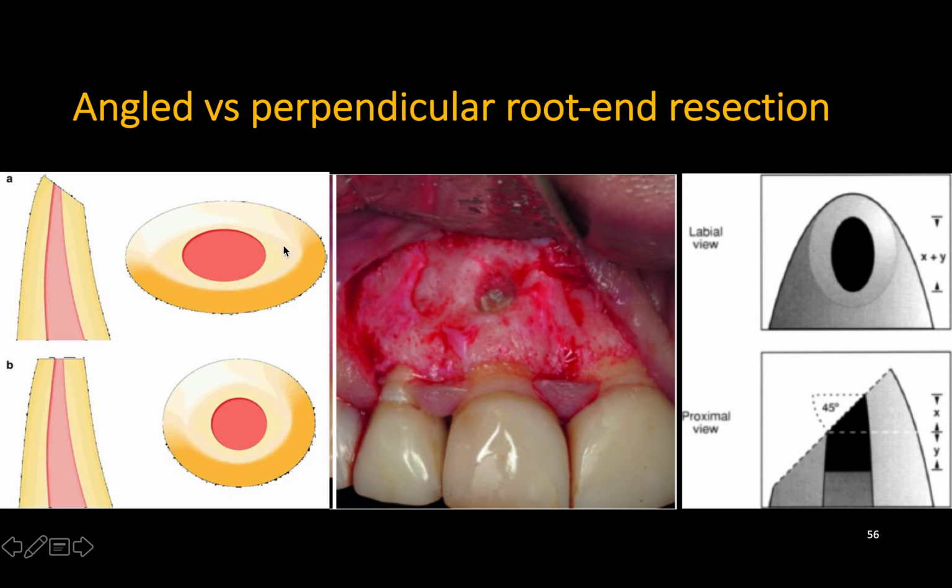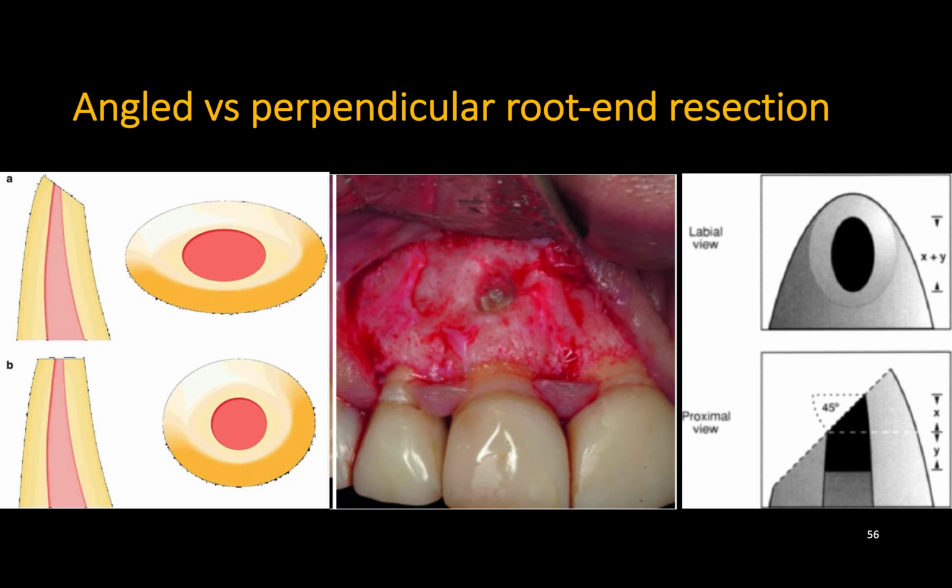But the number of the dentinal tubules that are exposed if we do an angled root resection with a bevel will be much more, which will lead to leakage of the irritants from the root canal into the periodontium and will compromise healing.